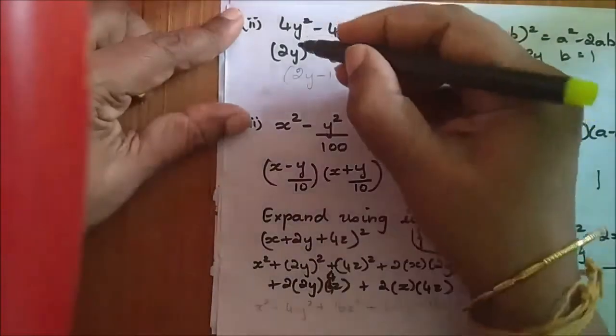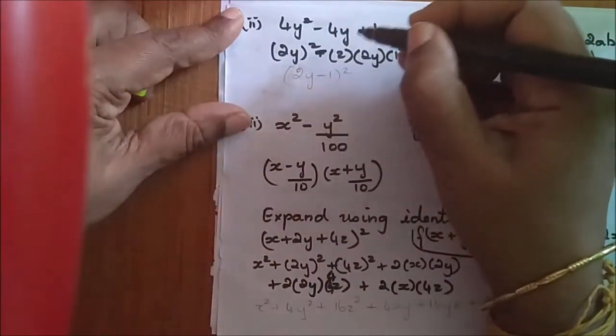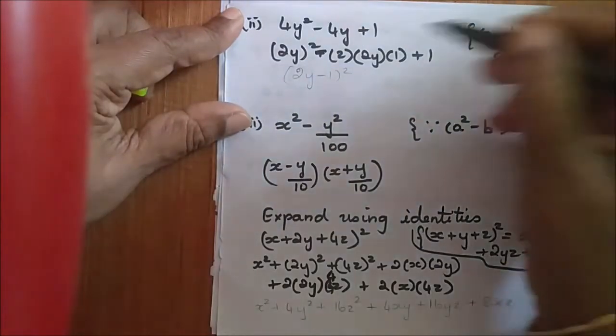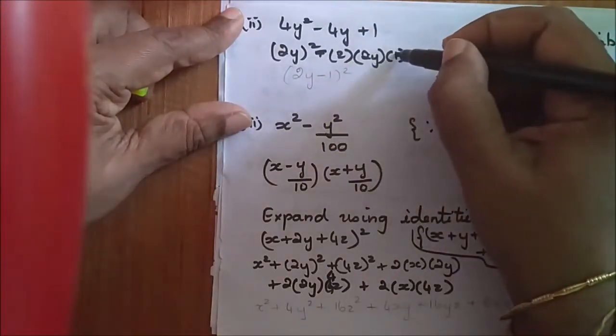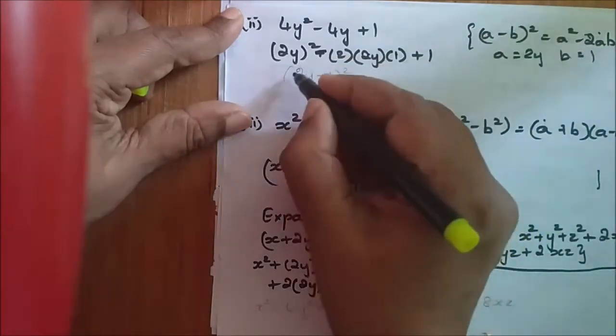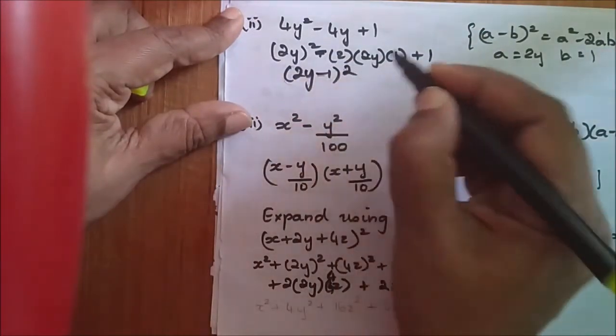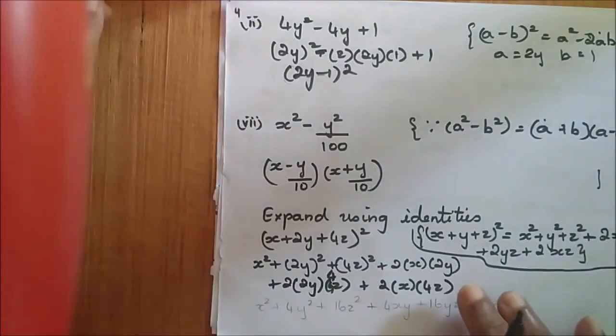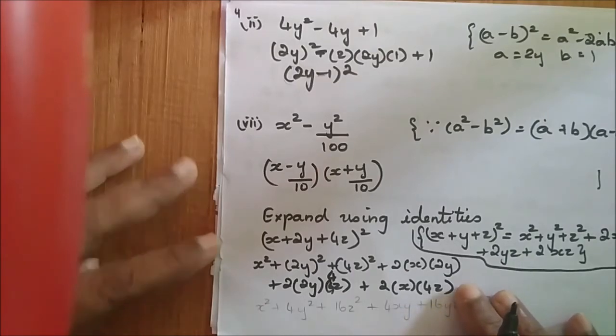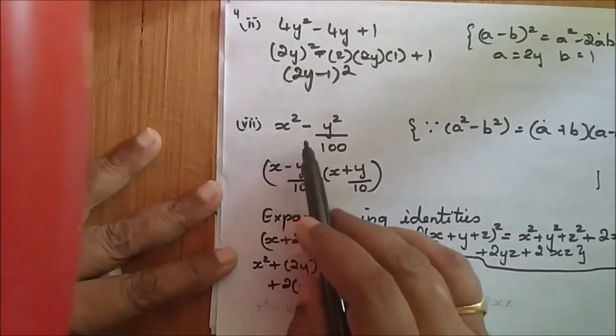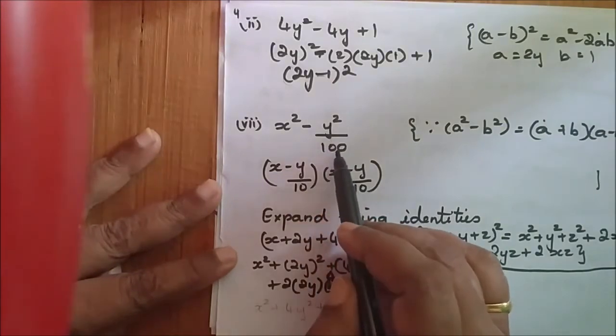So I will write 2y the whole squared minus 2 into 2y into 1 plus 1. This is nothing but 2y minus 1 the whole squared. If you are strong in the identities, that is if you know the formulas by heart, you can understand them even easily. Okay.